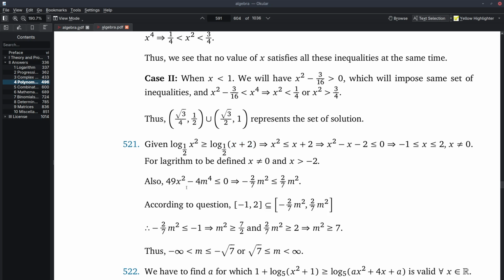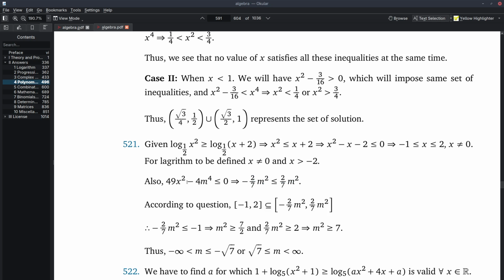So once we have that condition, we look at 49x square minus 4m to the power 4 less than or equal to 0. So we bring 4m to the power 4 this side, or rather 49 this side. We want x.